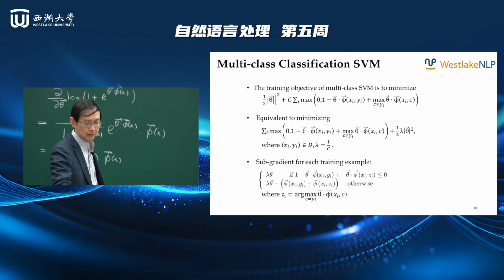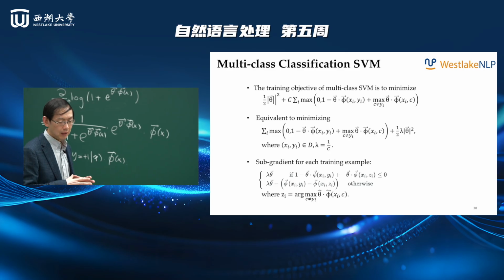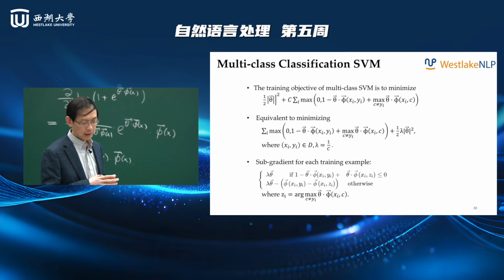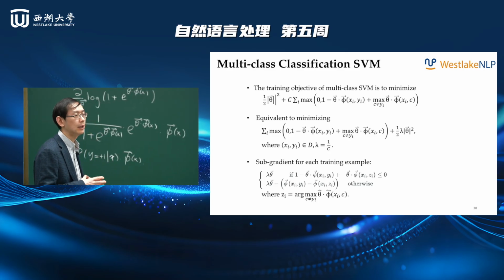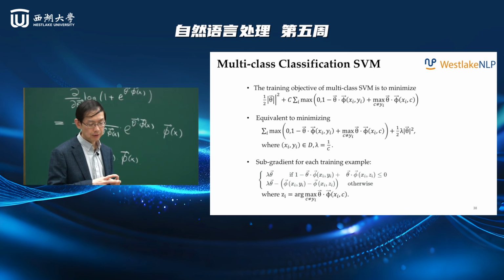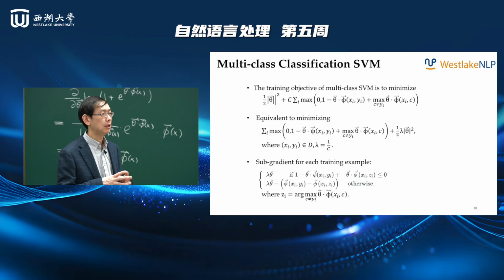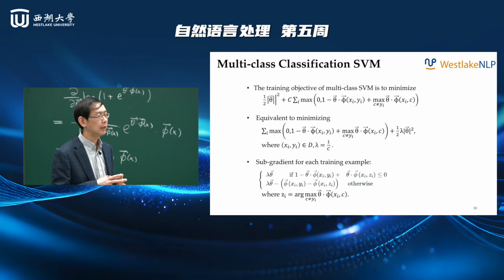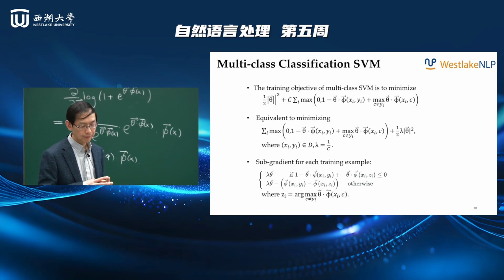What's the gradient? The gradient is like this. It's subgradients. So when there is no violation, the violation term is 0. So I only have the gradient for the margin term, right? So lambda theta is the gradient of the margin term.